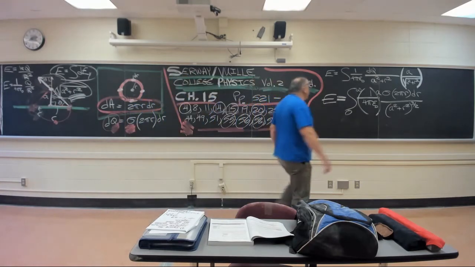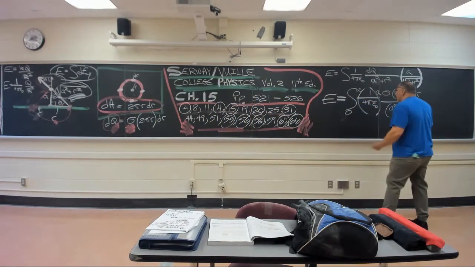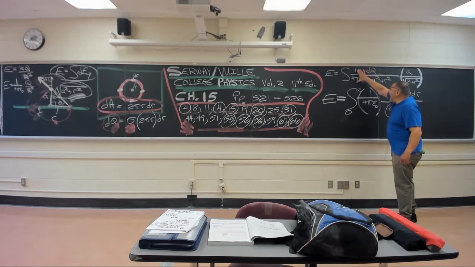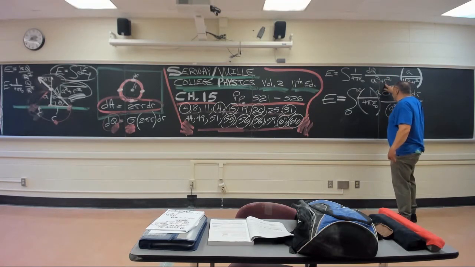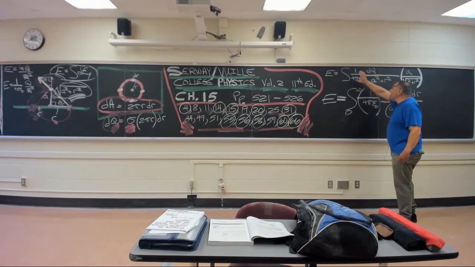So what we're doing is, isn't it true that k times q over r squared is the E field? k, which is 1 over 4 pi epsilon naught, times q over r squared. This is the length of the hypotenuse squared. I guess it is the r squared. 1 over 4 pi epsilon naught is k.